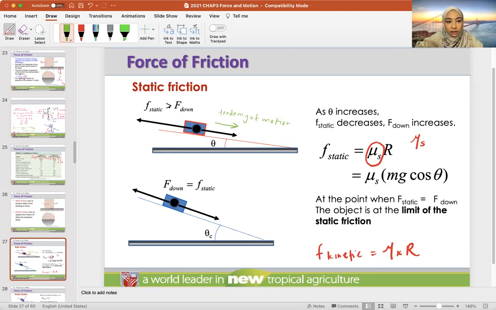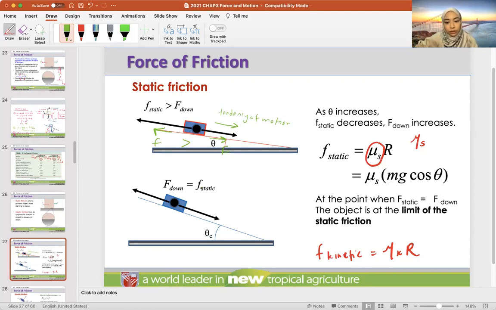So when F static is greater than F down, therefore the object will not move. Sebab friction ni dia tahan daripada menggelongsor. So bila benda yang tahan ni lagi besar daripada force yang menggelongsor, therefore dia tertahan lah kan, dia stop moving, dia tak bergerak.